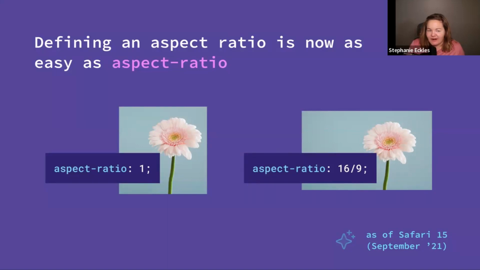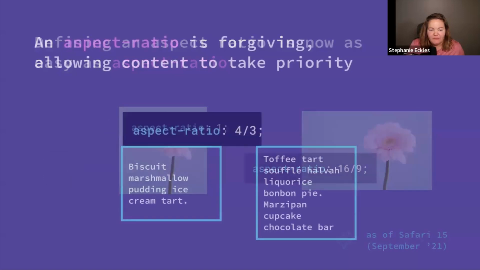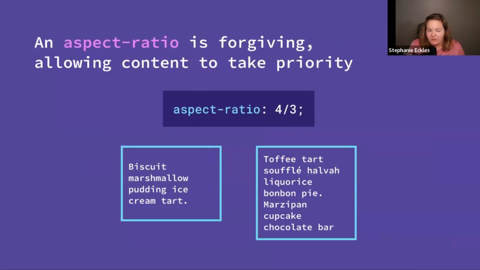And for a perfect square, you can simply use aspect-ratio: 1. Now, you may safely use aspect-ratio without worry of content overflow because the ratio is forgiving and allows content size to take precedence. So unless you also have dimension properties that limit the element size, the aspect ratio will allow content to increase the element size.